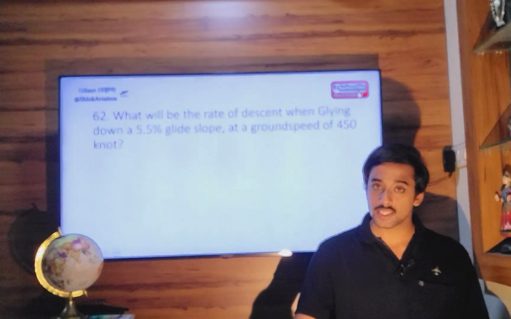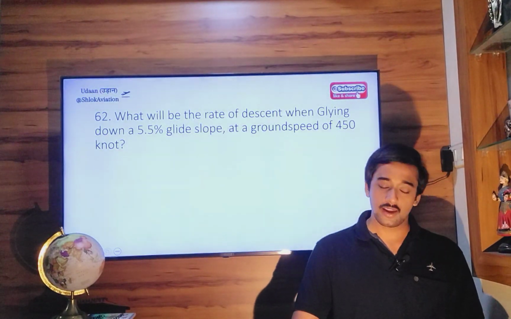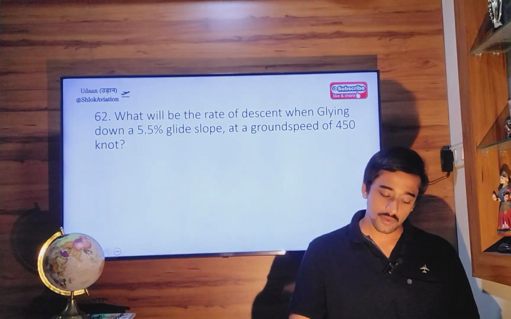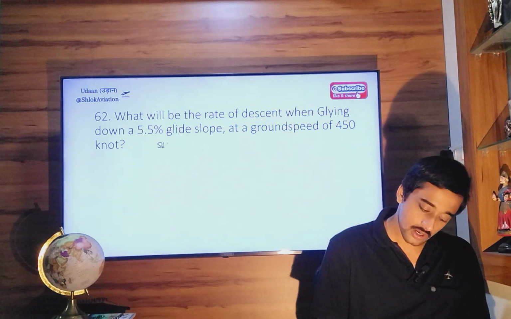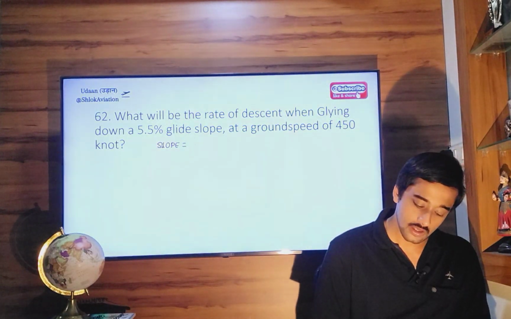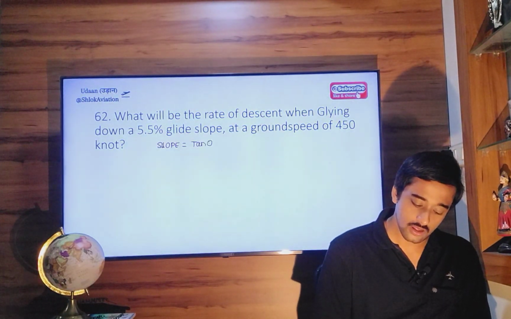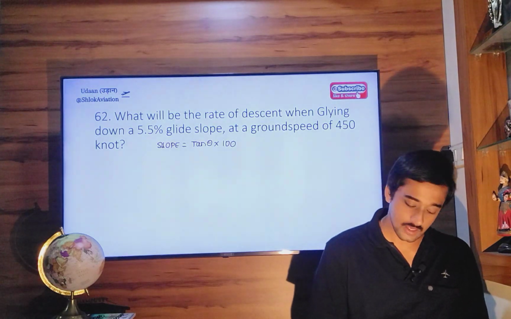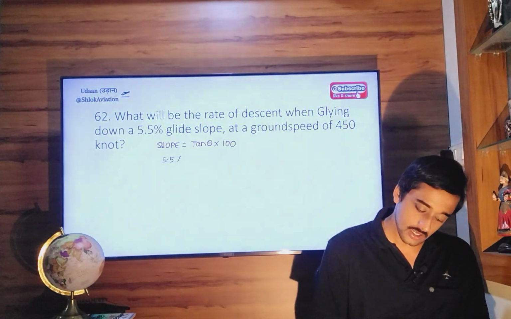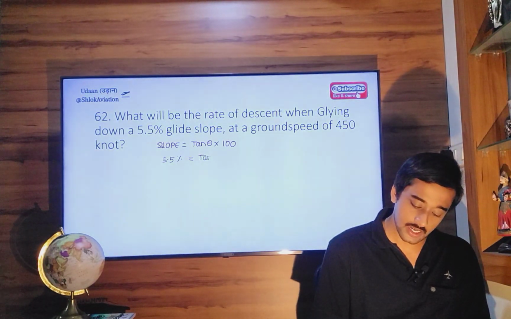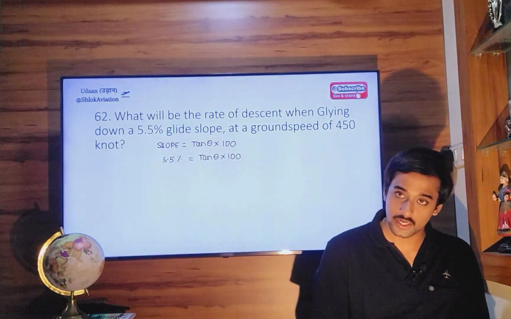What will be the rate of descent when gliding down a 5.5% slope at a speed of 450 knots? So glide slope equals tan theta into 100. So 5.5% equals tan theta into 100.